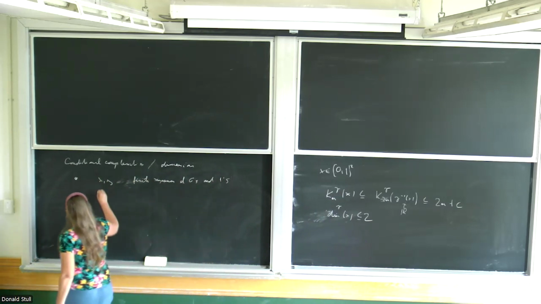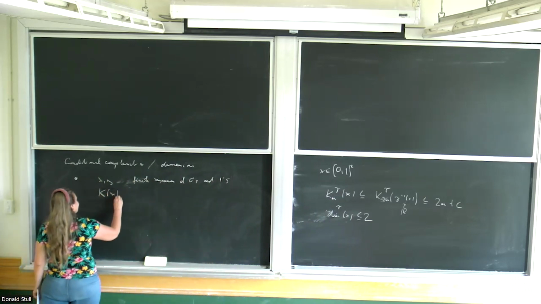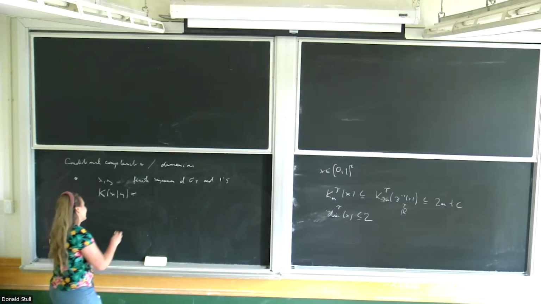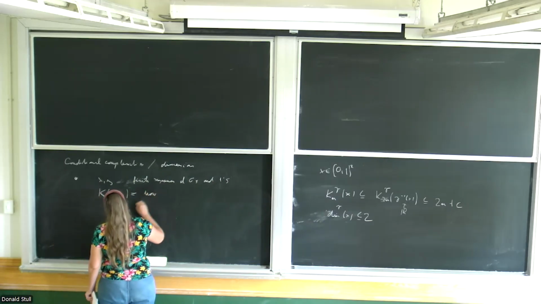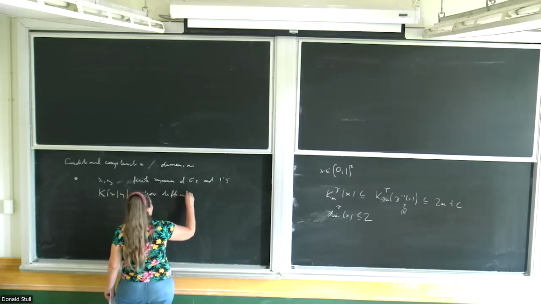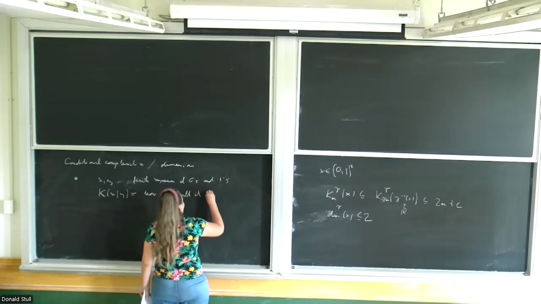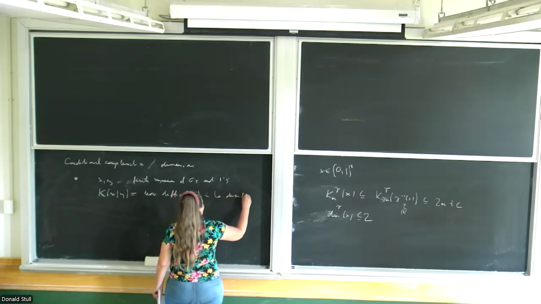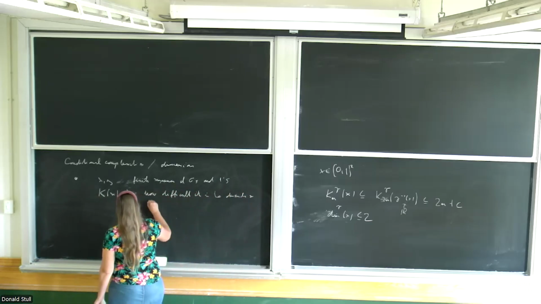And then the conditional complexity is what you think. How difficult is it to describe X if we already know Y?